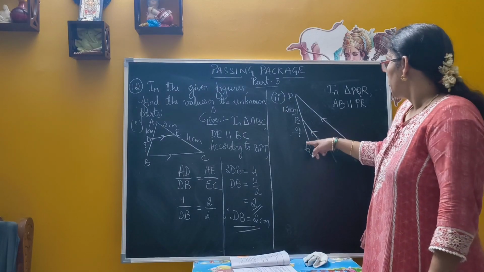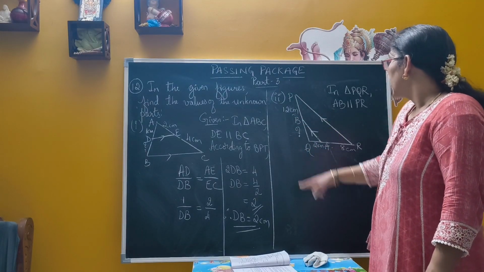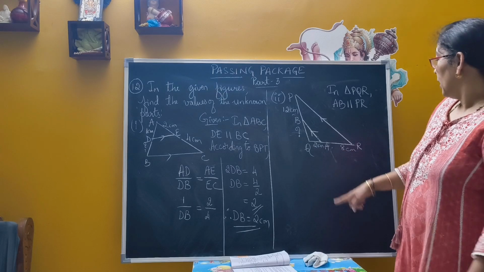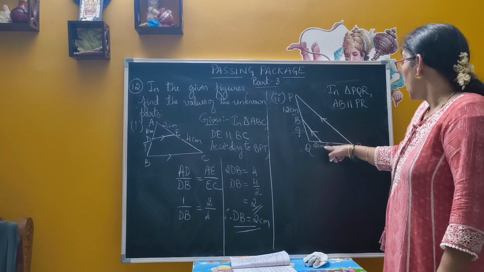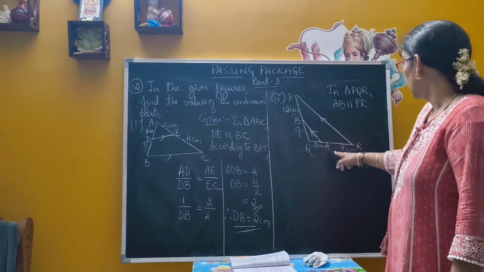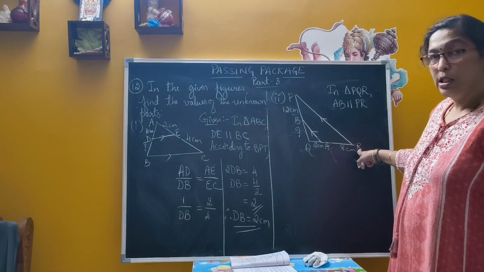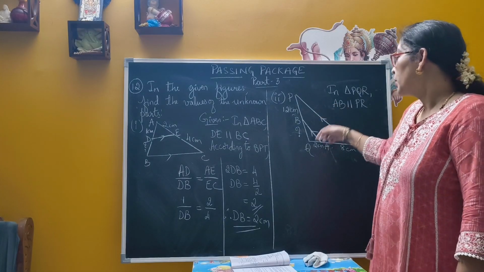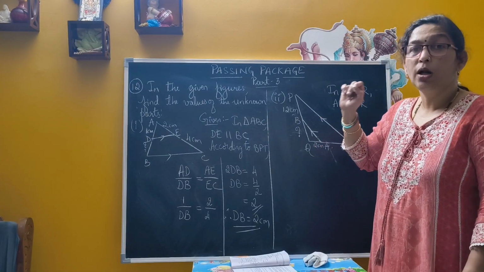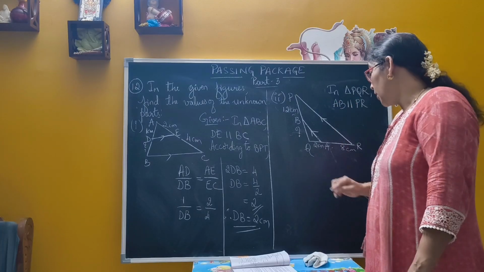Now sides here: PB is given, BQ is unknown. And here QA or AQ is given 2 centimeter and AR is unknown. So let us write the ratio using BPT or basic proportionality theorem.